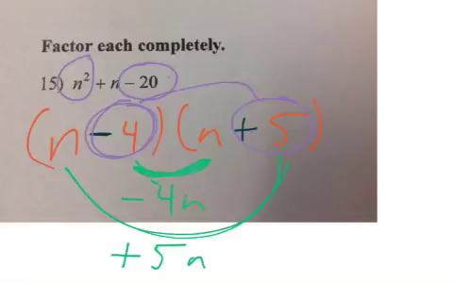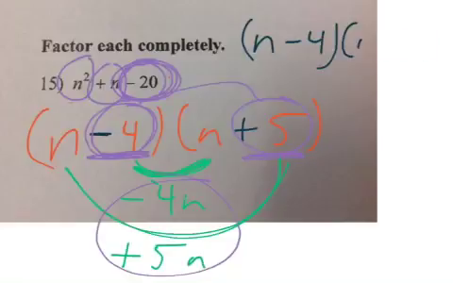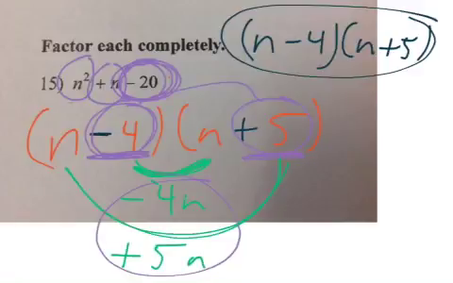So I have n squared covered with n times n. I have the plus 1n covered with the 5n minus 4n. And I have that negative 20 right there covered with negative 4 times positive 5, correct? So in the end, my result is just simply n minus 4 again times n plus 5.